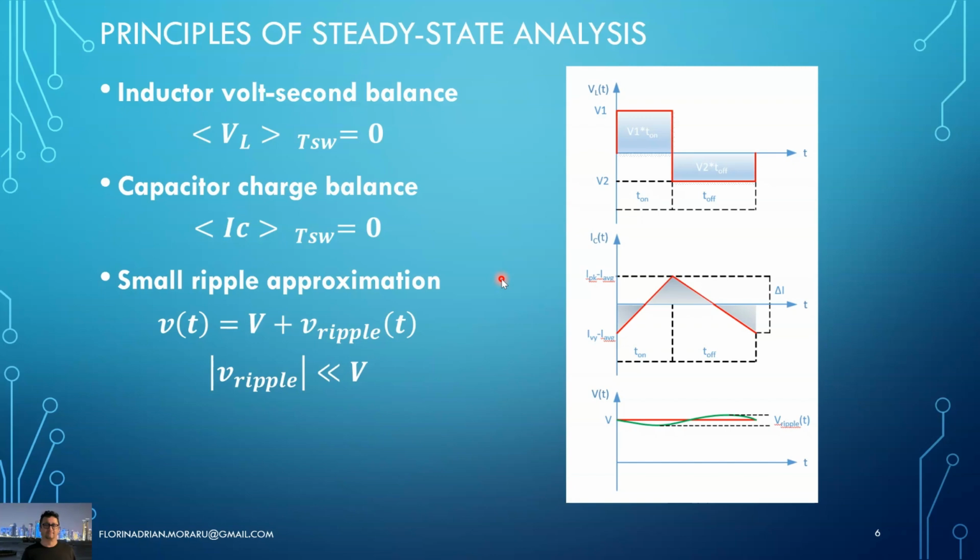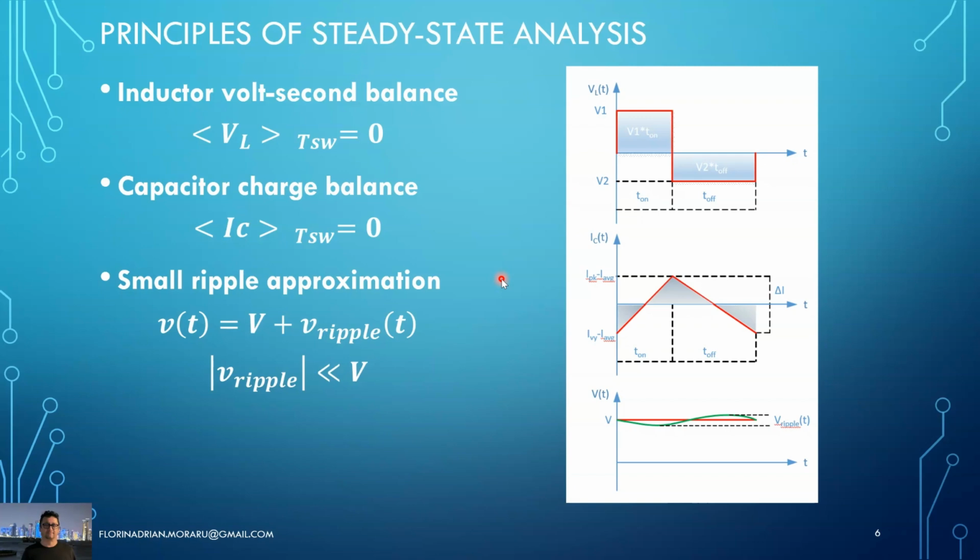We need inductor volt-second balance when it comes to steady state analysis. We also use the small ripple approximation. For instance, we know that the output voltage has a certain ripple, but the AC component, I mean the ripple, is very small in comparison with its DC value.